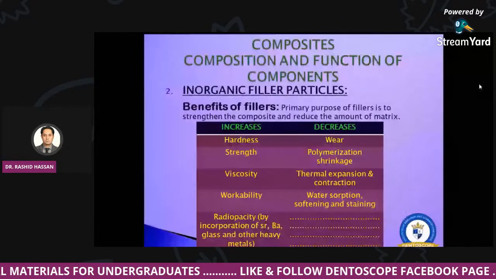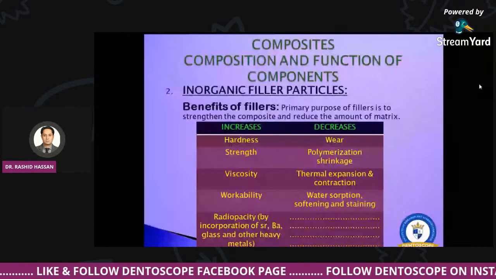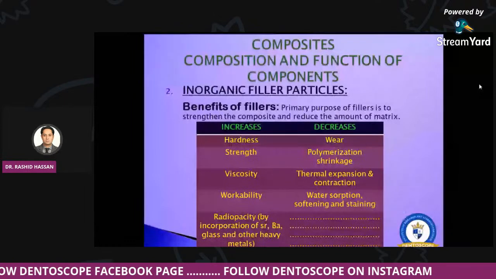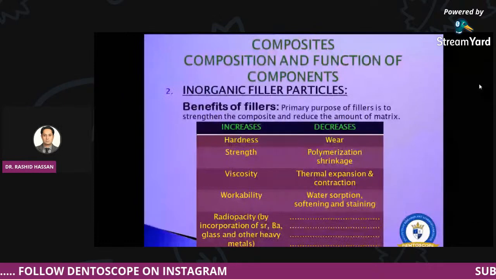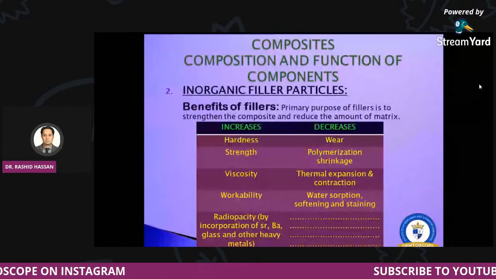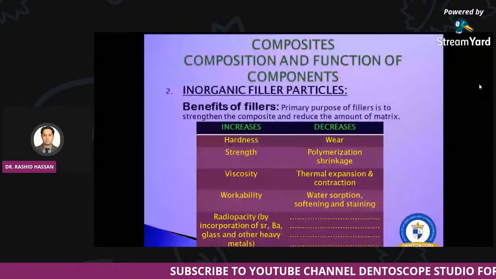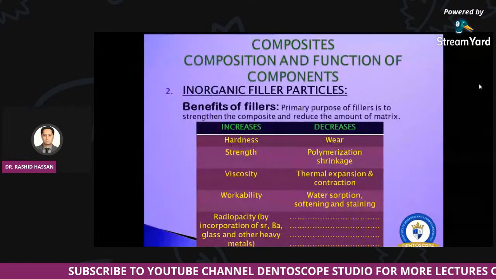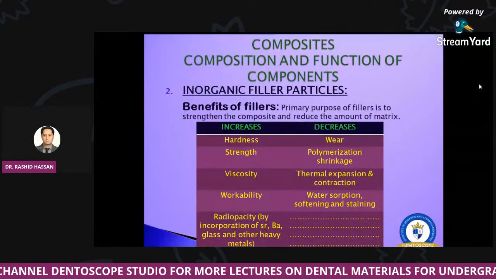If you look at this table holistically, you will see that whatever property the inorganic particles are increasing or decreasing is basically beneficial for our restoration. If it is increasing hardness, strength, workability, viscosity, then radiopacity, it is beneficial for our restoration.